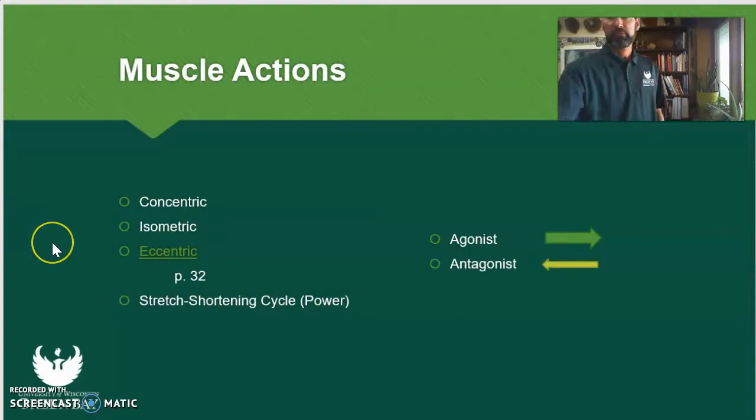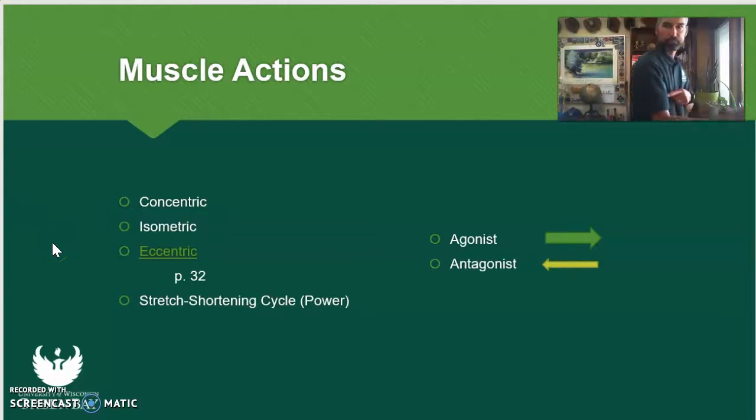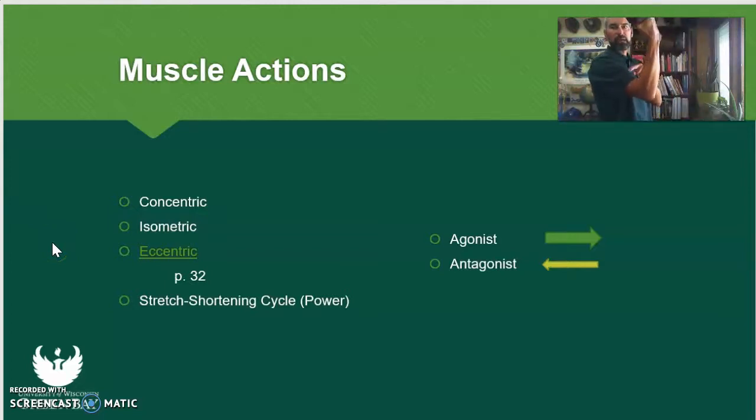So again, if I'm doing that bicep curl, the bicep is the agonist muscle. That's the muscle shortening against resistance. There are multiple more muscles involved when my arm's out here, but when my muscle is lengthening against resistance, the agonist is the tricep.